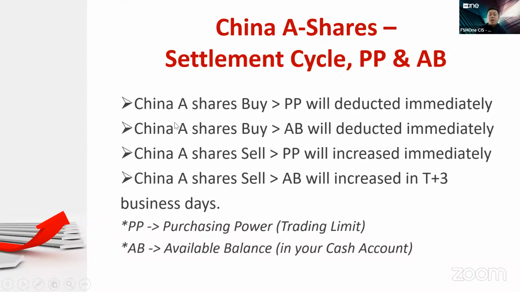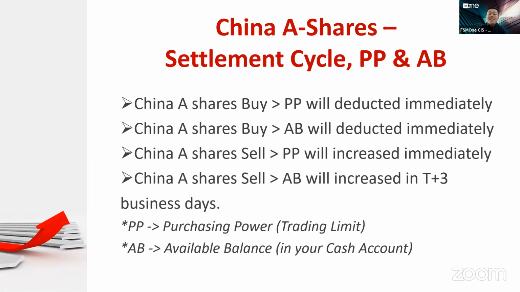Let me share a little bit on how this China A-share market works. If you buy China A-share, both your PP and AB will be reduced immediately once you place the order, until your order is filled.